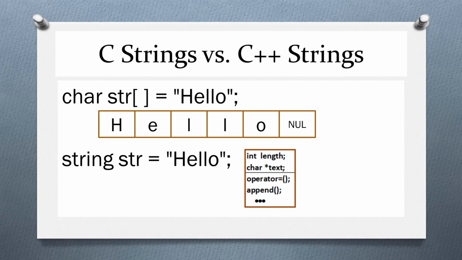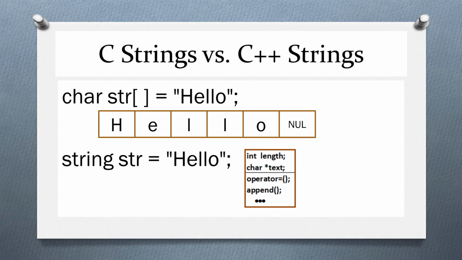C strings versus C++. So a C string is an array of characters that are terminated by a null byte. In C++, we have a string. It's almost like a string data type. It's really an object-oriented thing, but we pretty much can treat it like a data type.